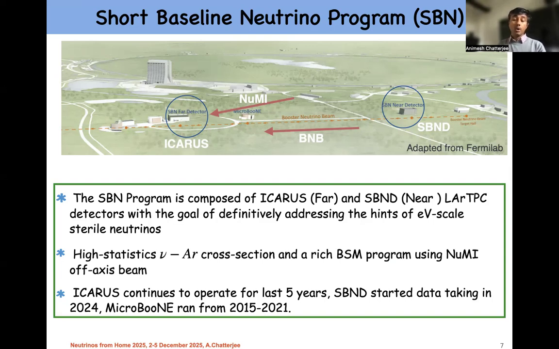ICARUS has continued to operate for the last 5 years. SBND started taking data in 2024. MicroBooNE ran from 2015 to 2021.